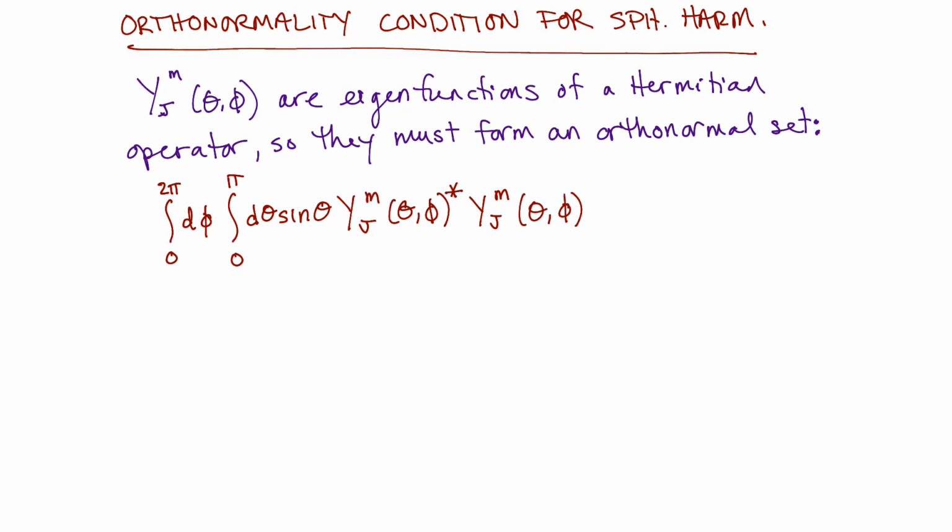One thing to remember with our orthonormality condition is that the indices we're using for this function are not necessarily going to be equal to the indices we use for this function. Since we have a couple of different indices to work with, we just add a little notation on here to distinguish them.